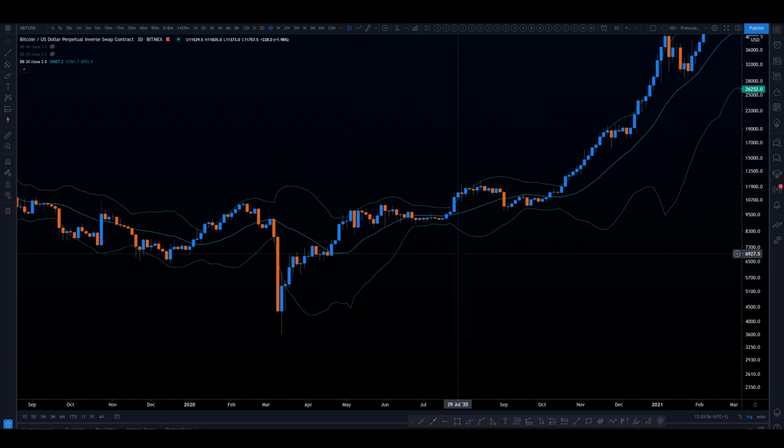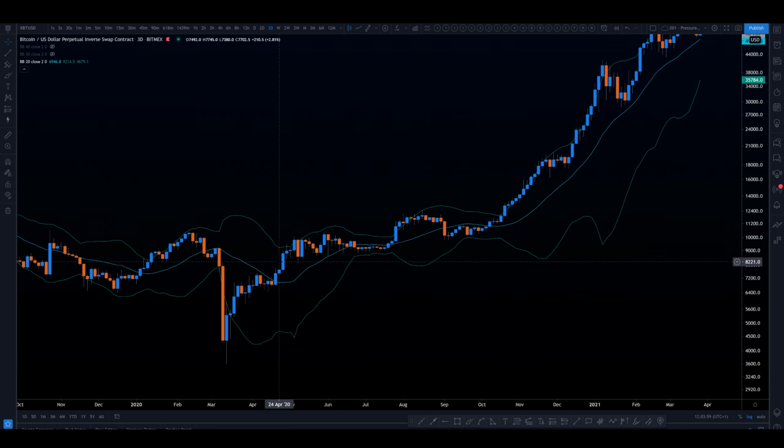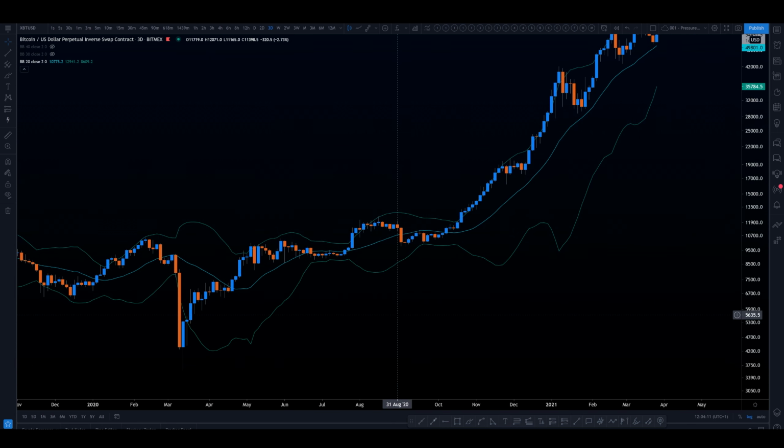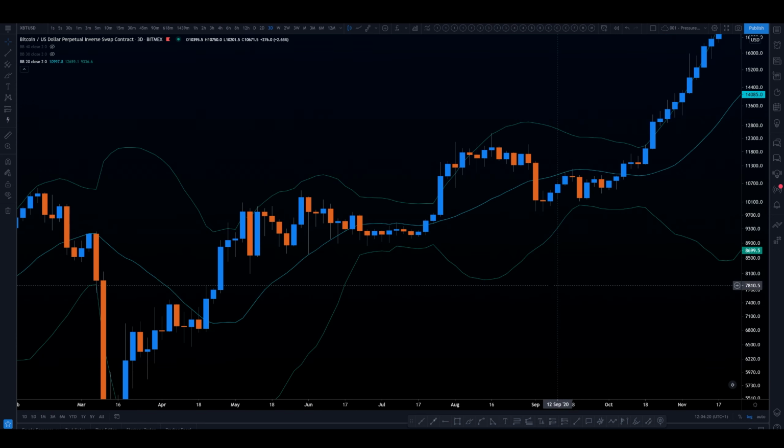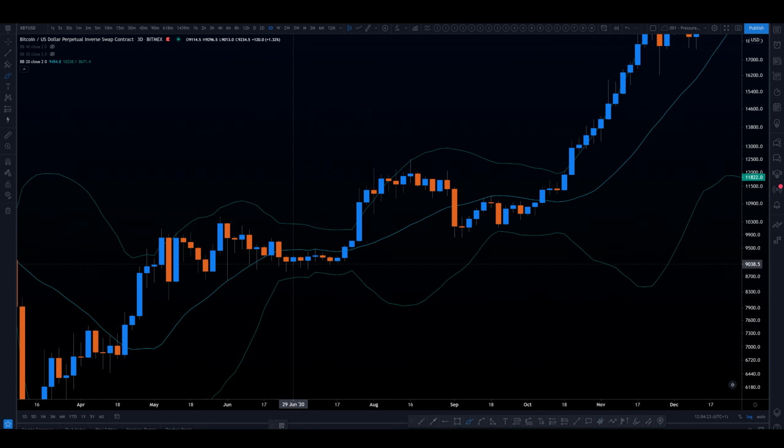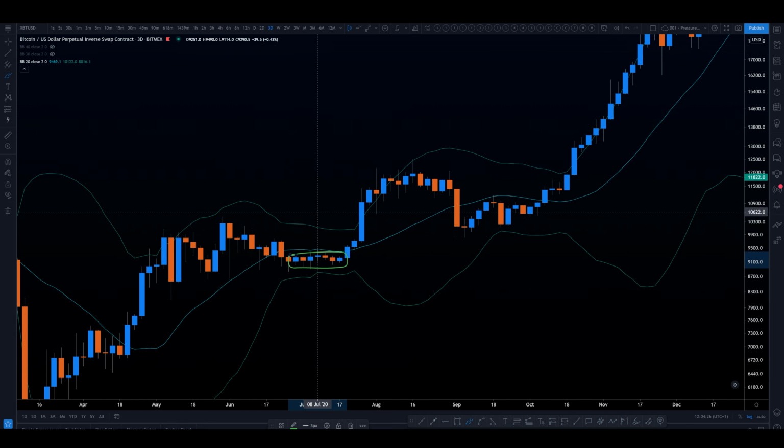This tells us that in this case, there's not a lot of pressure on price from these support and resistance entities because they're far away from each other, too far to have any kind of effect on price action right now. But as you can see over here, we have a very narrow trading range. The Bollinger Bands are very close and provide support and resistance very near to actual price action.